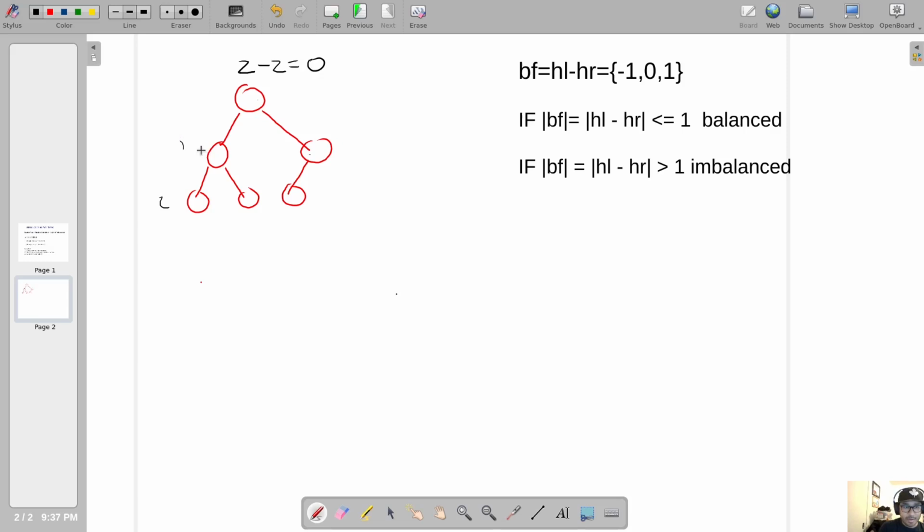And over here, count the levels. For this, we're going to count for this node over here. So this one is 1 minus 1, 0, and this one is 0. So this tree over here is balanced. Okay?